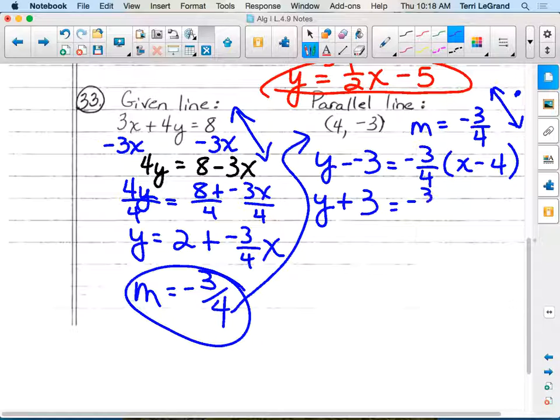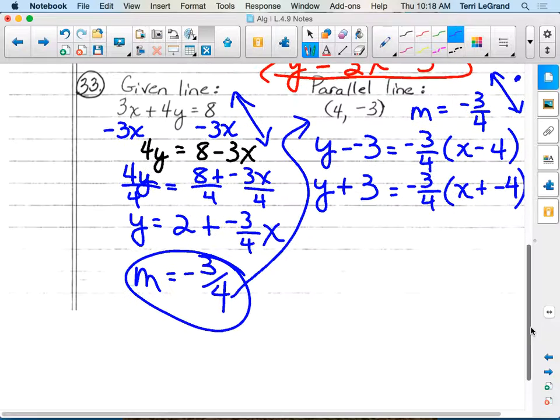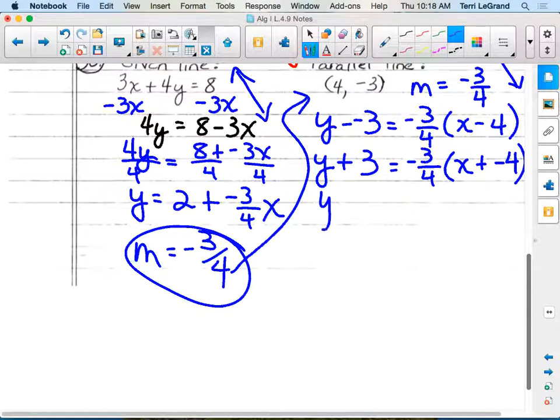Over here, before I even do my distributive property, I'm going to change this to x plus a negative 4. Now I'm ready to do my distributive property. So negative 3/4 x. Negative times a negative is a positive 3/4 of 4. I have $4. I say I'll give you 3/4 of it. $3.